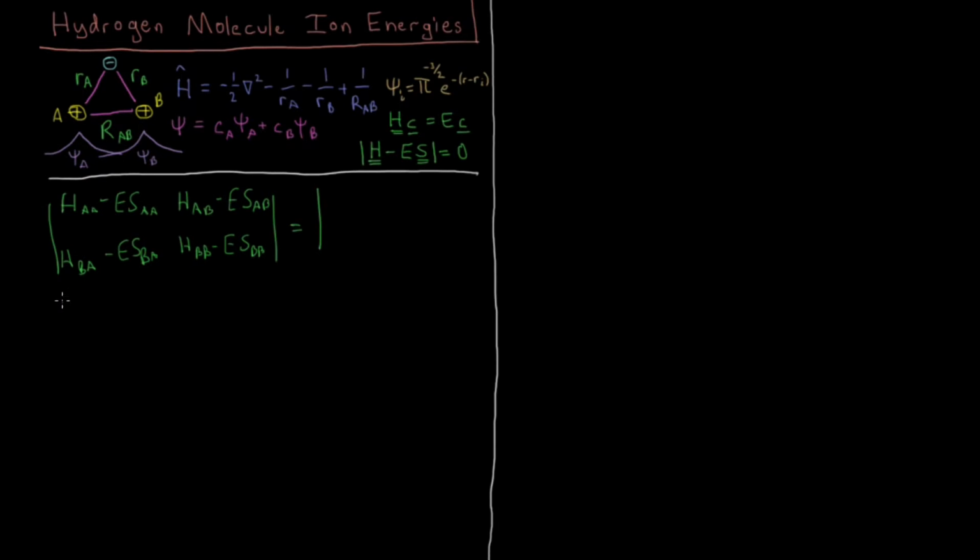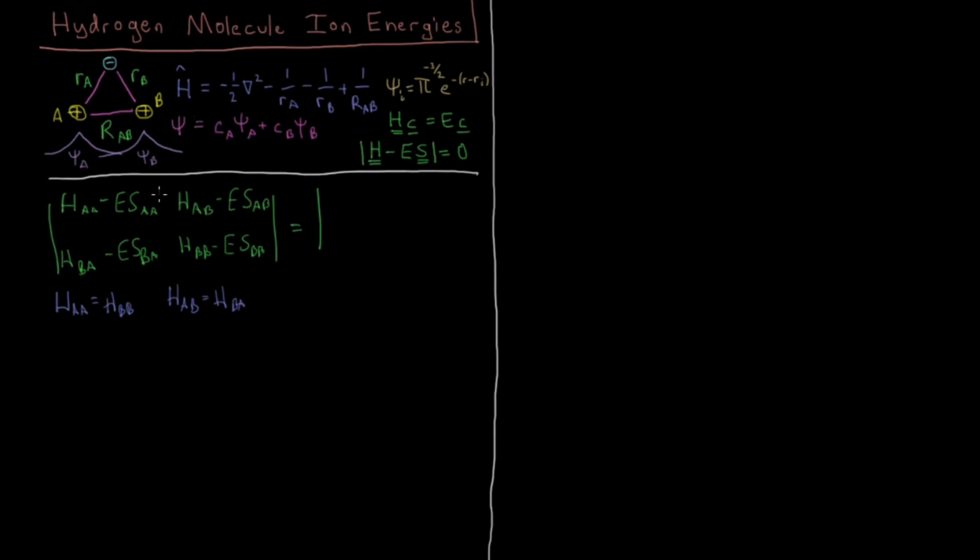In terms of the Hamiltonian, the matrix elements HAA and HBB are equal to one another. So that simplifies because how the electron interacts with each nucleus is going to be completely equivalent. Then we have HAB equals HBA because our wave function is real.